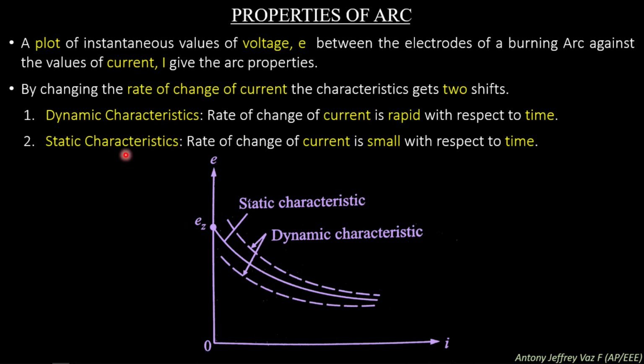In static characteristics, the rate of change of current is small with respect to time. If the rate of change of current is very fast or very high, then it is known as dynamic characteristics. If the rate of change of current is small with respect to time, then it is known as static characteristics.